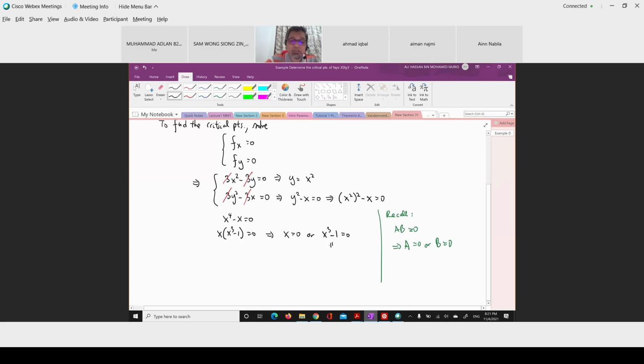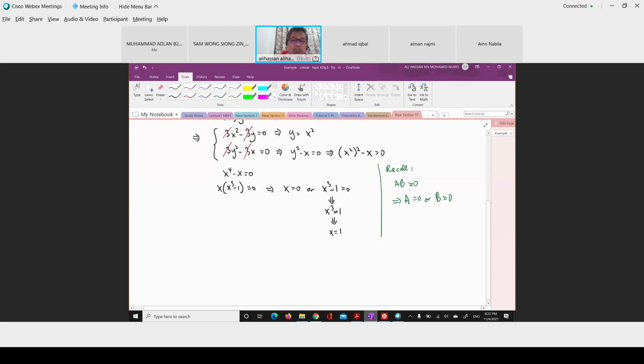And this second equation says x cubed equal to 1, so therefore x is equal to 1. So we have two values here, x equal to 0 and x equal to 1.